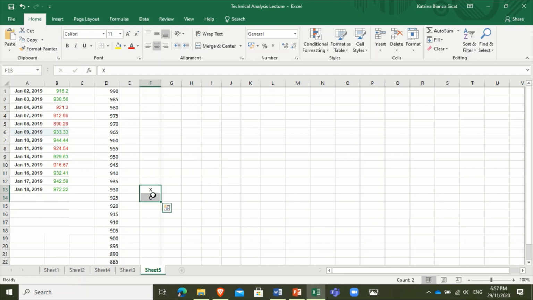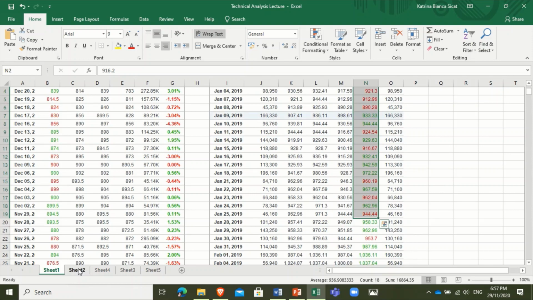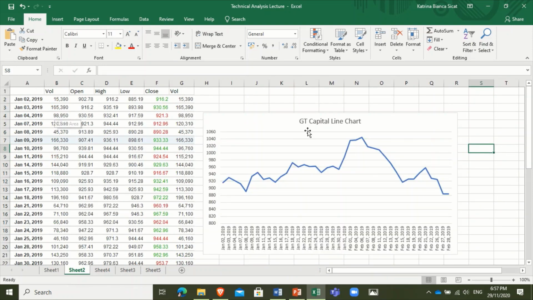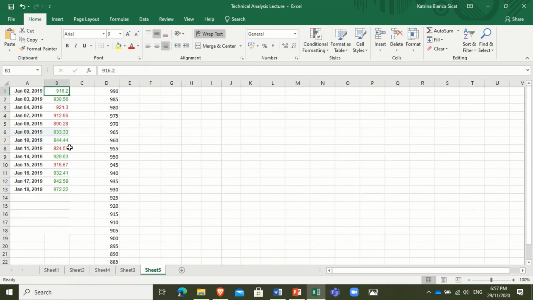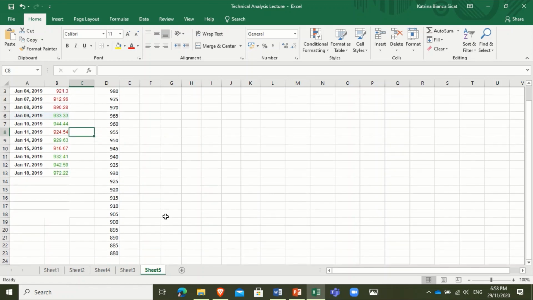Alright? Okay, simulan natin dito sa, this is my previous example. Itutuloy lang natin, ano, gamit yung stock price ng, if I'm not mistaken, is this GT? Yes, GT Capital. Okay, so we are going to use this example. Okay, so if on January 2, okay, hindi pa pala ako tapos mag-explain.